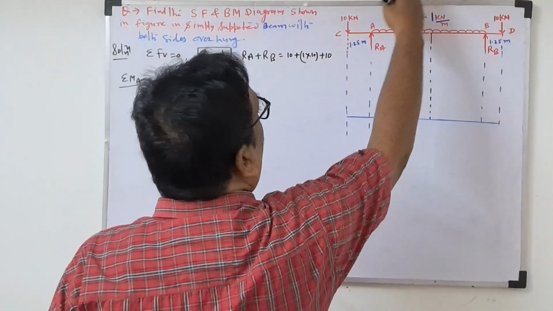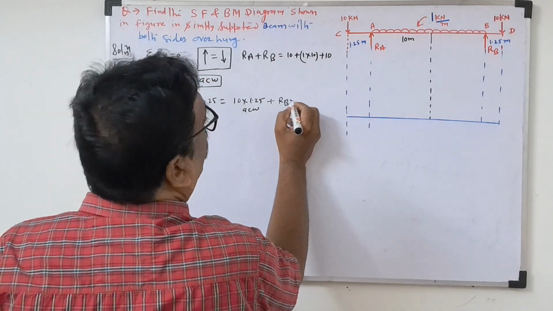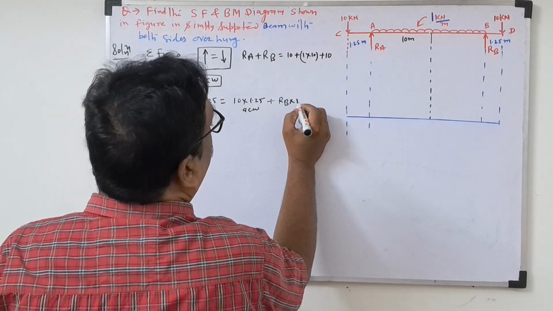Then RB will go anti-clockwise, so RB into the total distance, which is 10.